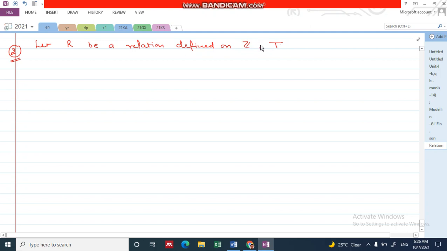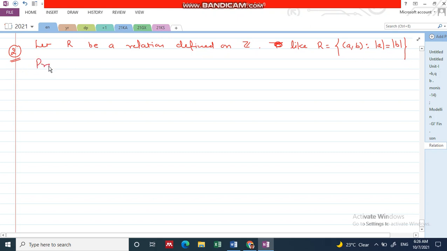In this relation, we take those elements such that the first element's magnitude is equal to the second element's magnitude. Okay? Meaning they are equal in magnitude.